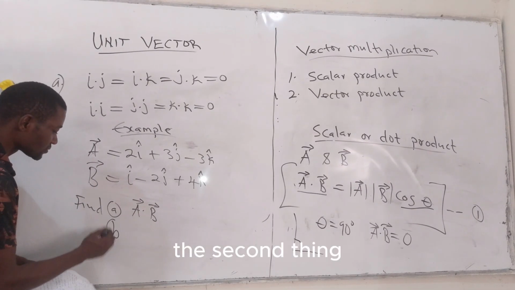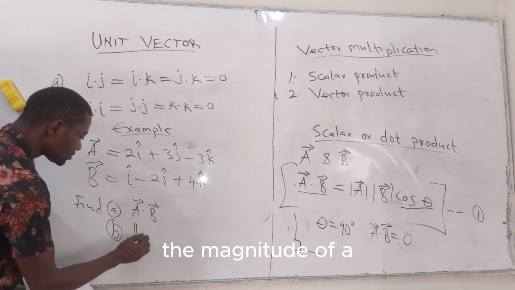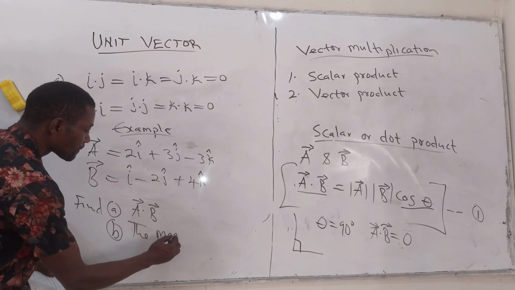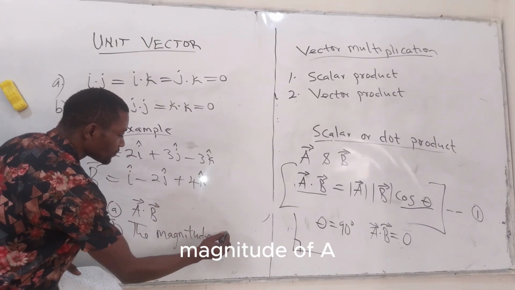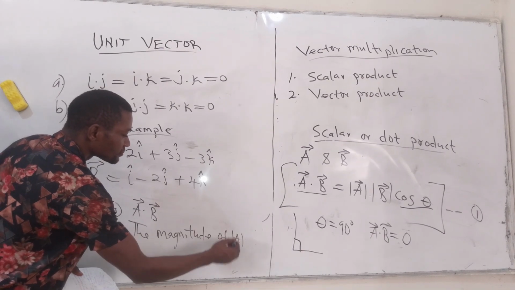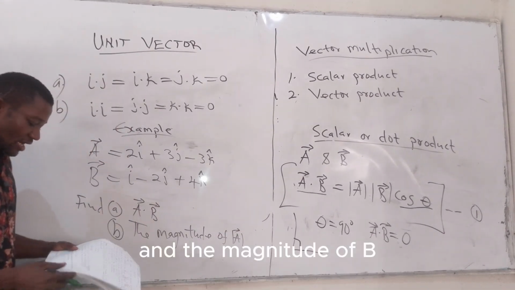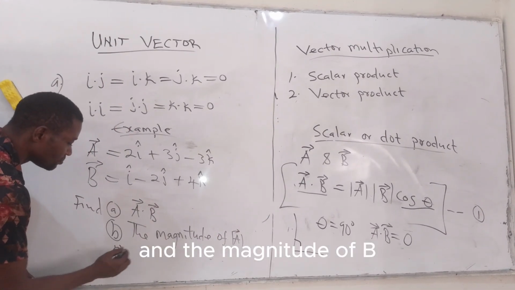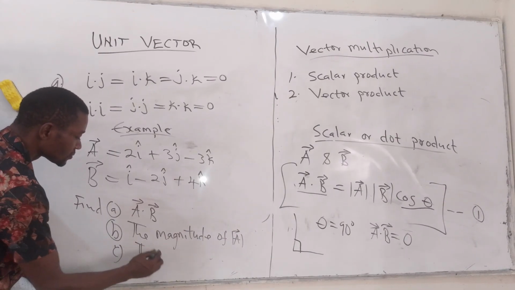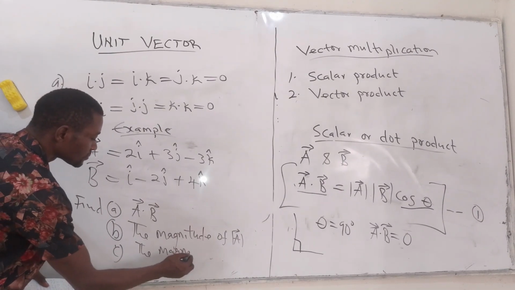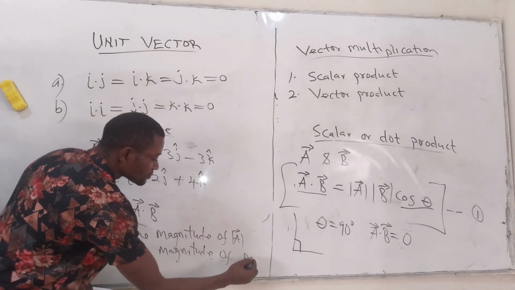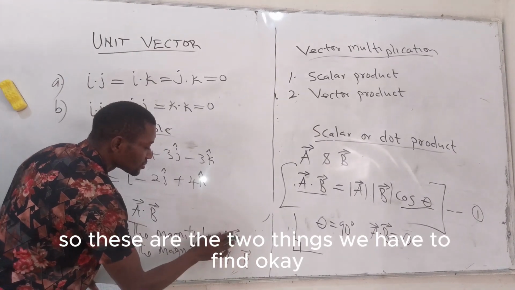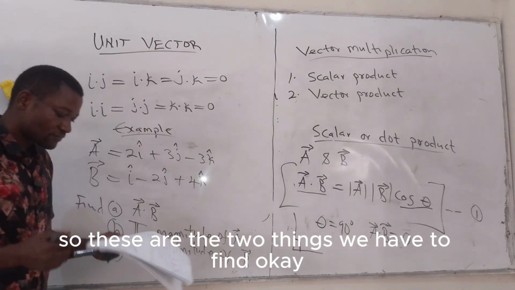The second thing, the magnitude of A, and the magnitude of B. So these are the two things we are to find.